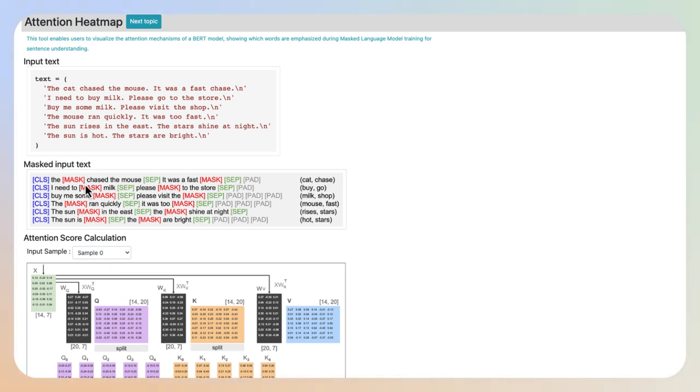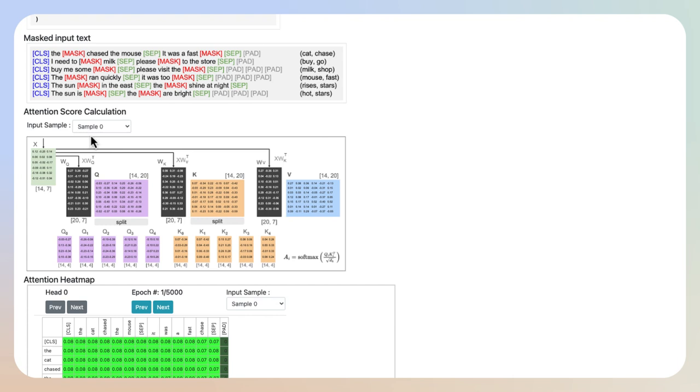The attention score calculation section visually represents how input data, here sample 0, is processed to compute attention scores within the multi-head attention mechanism. Here we have input X. This green box on the left shows the input sequence as a matrix of numerical embeddings or word embeddings of all 14 words in this sentence with the embedding dimension of 7.